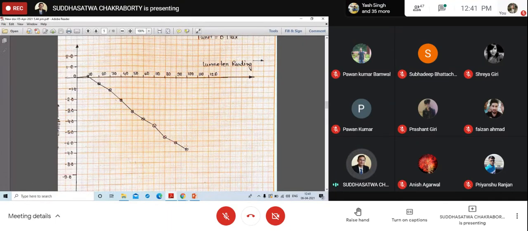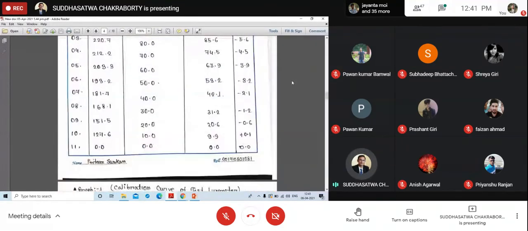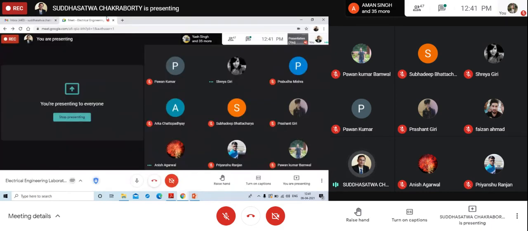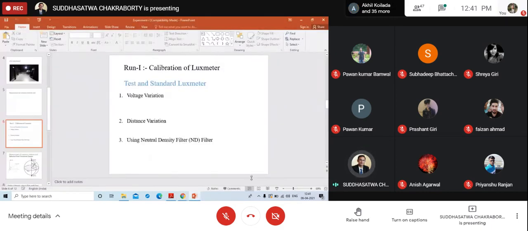And that's how we are going to get a calibration curve within the range from 0 to 100 of lux meter reading. So that is very important, because this value varies continuously. So that's why a unique error calibration value like plus minus 10% or plus minus 5 will not make sense. We need to specify the entire range. Otherwise, it will not make sense.